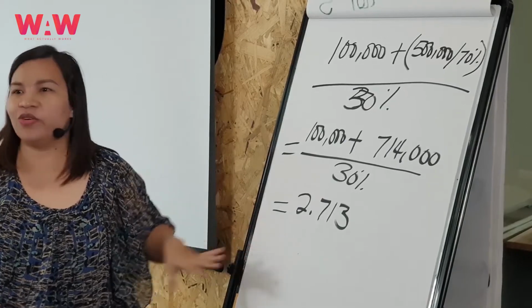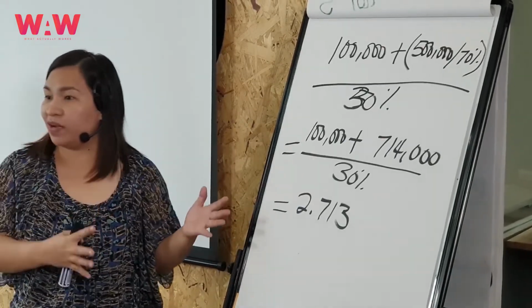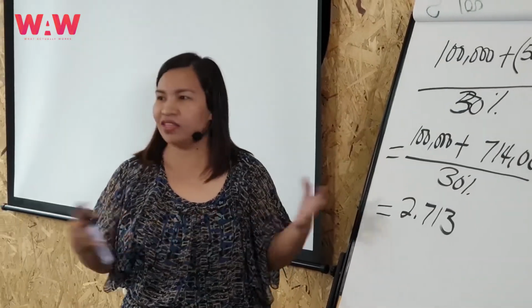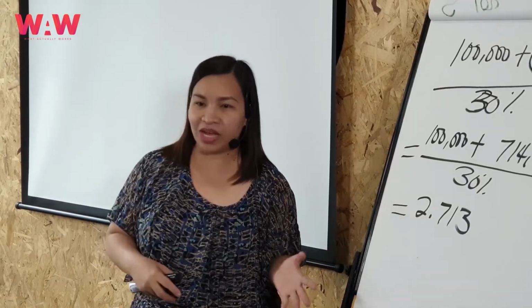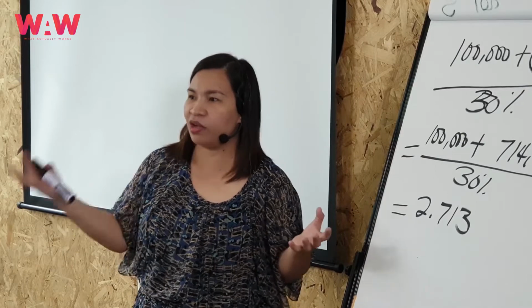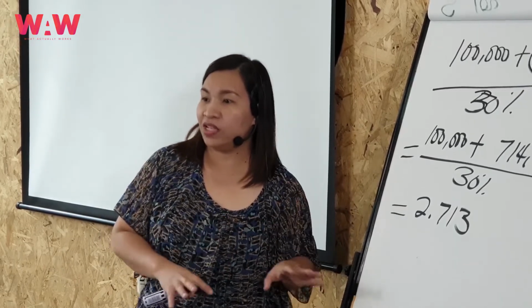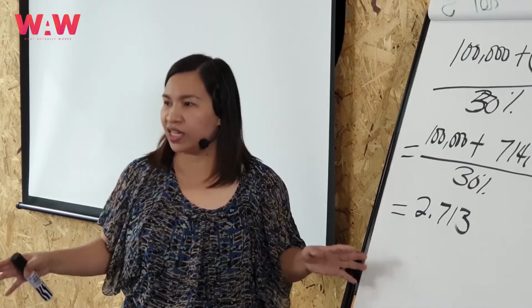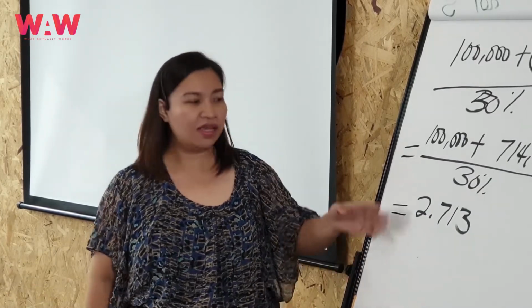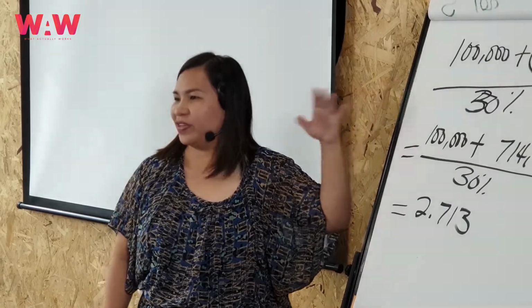So with this one, you can actually play. If I want to receive 500,000 every end of the month, or I want it to be my savings in my bank, 500,000 every month, net of all the expenses already, including taxes. So this is how you're going to compute.